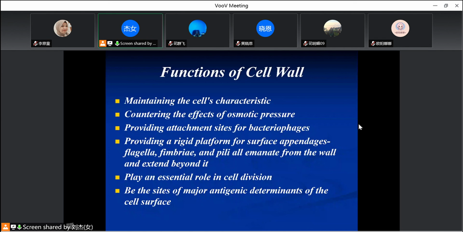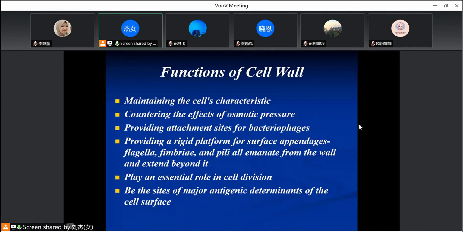Because in the whole semester, when we learn about different kinds of bacteria, the very first step is to divide them into gram-positive and gram-negative, and after that we will continue to test their other characteristics.